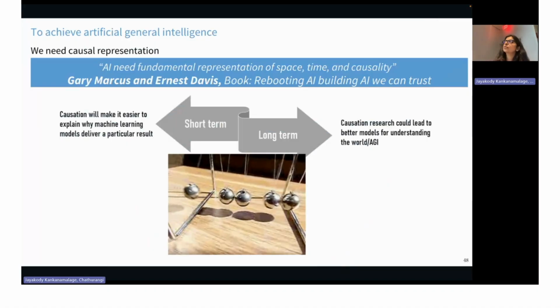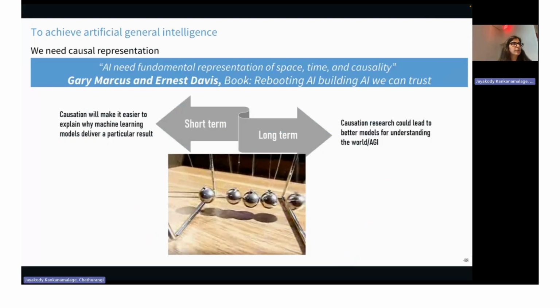If we actually want to do that, we need three fundamental representations in our AI system: space, time, and causality. There has been a significant amount of work already done in representing space and time in AI systems, but causality is still open-ended research, on which significant work has been done in recent years.